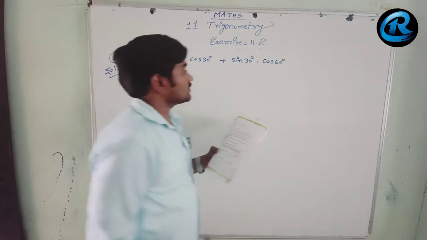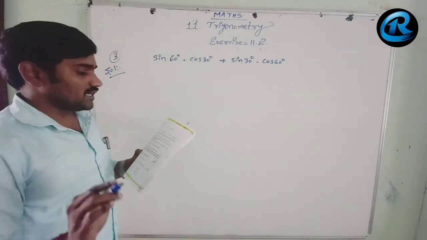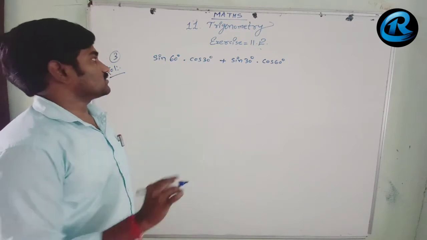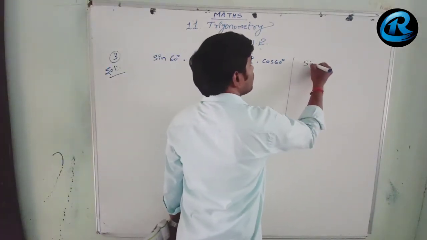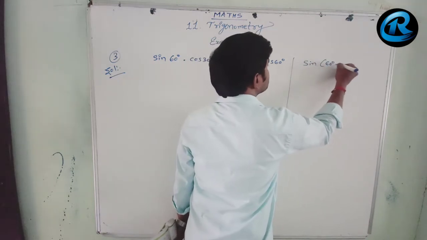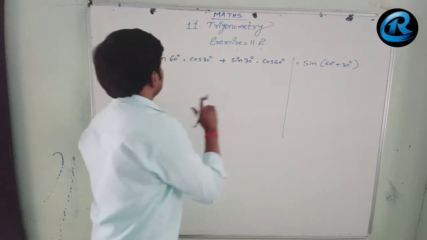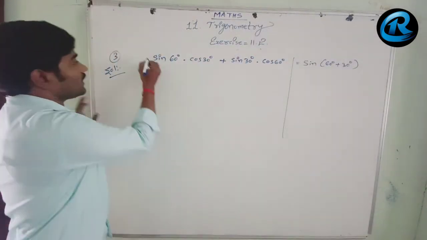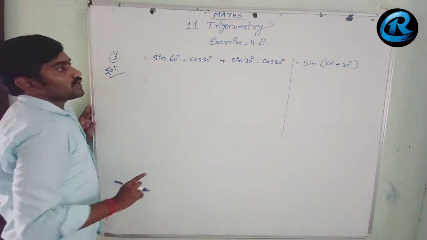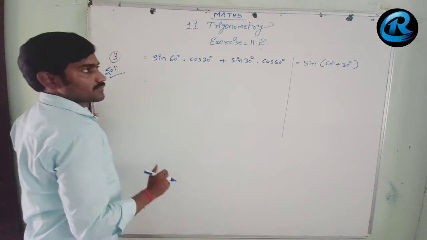We need to find the value of this expression, and also the value of sin(60 degrees plus 30 degrees). Let us solve both and see what we can conclude. Now if you remember the values, let us put them in.